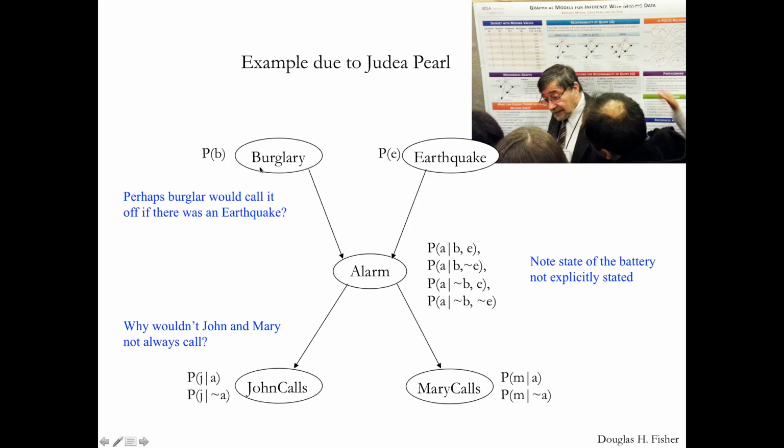Either of these, whether there's a burglary and whether there's an earthquake, are almost certainly independent of each other. You might say that if an earthquake does happen and a burglary is in progress or about to be in progress, the burglar is probably going to call it off.